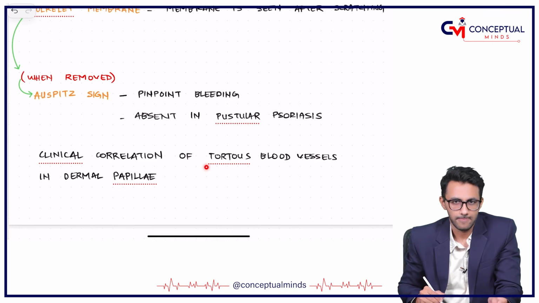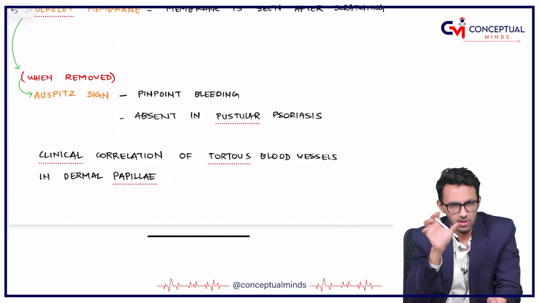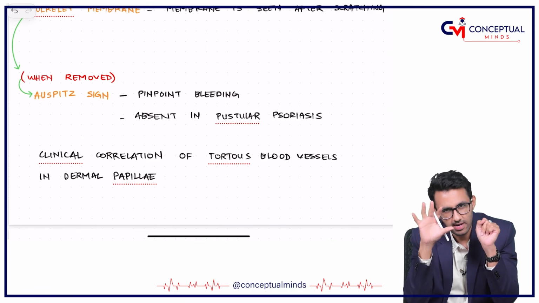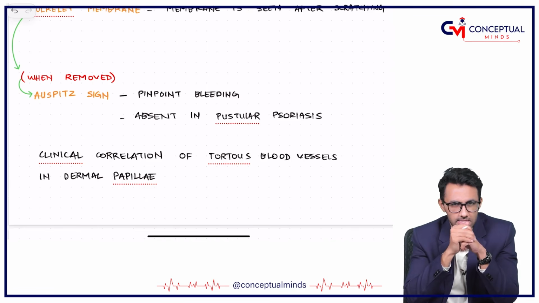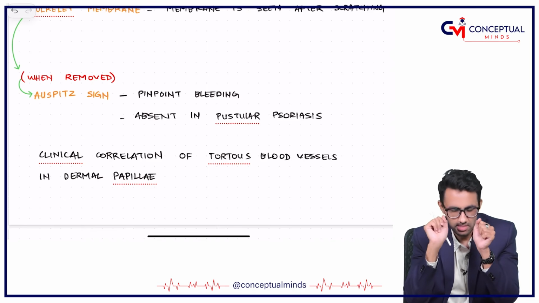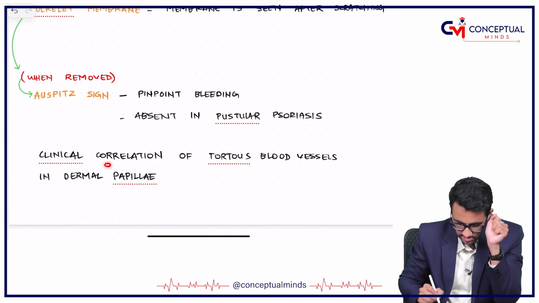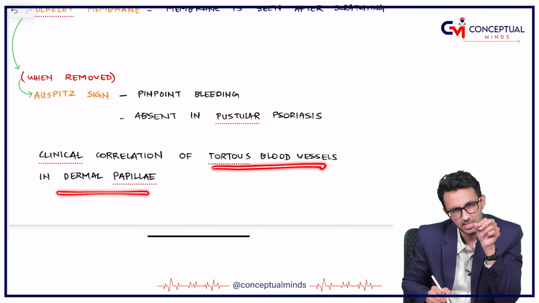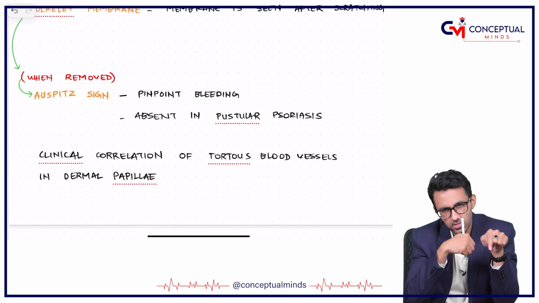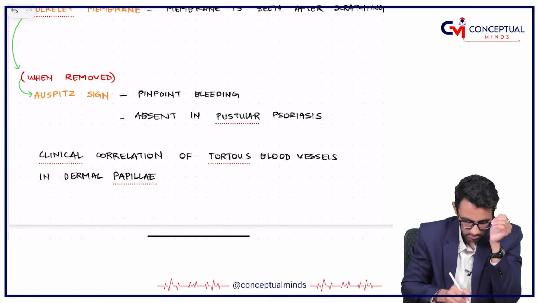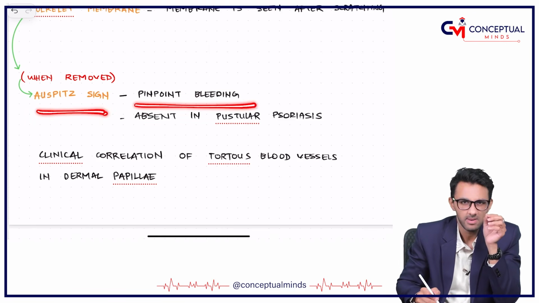If you remember, when we were doing the histopathological comparison of the normal dermis and the affected psoriatic patient, there were tortuous blood vessels in the dermal papillae. Because of these, when the skin flakes off, we are able to see the splinter hemorrhages, also called the Auspitz sign. Pinpoint bleeding you would see.